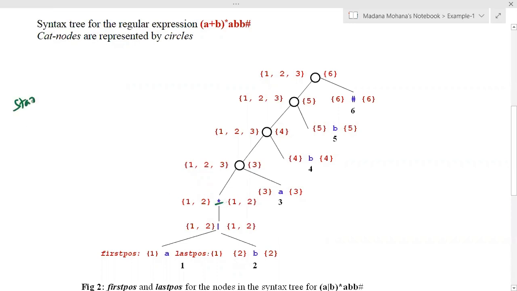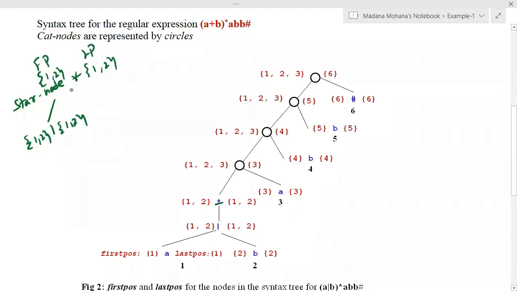For the star node, on the left side we have 1, 2, and here 1, 2. The first position is 1, 2, and the last position is 1, 2. This is the first position and this is the last position for the star node.